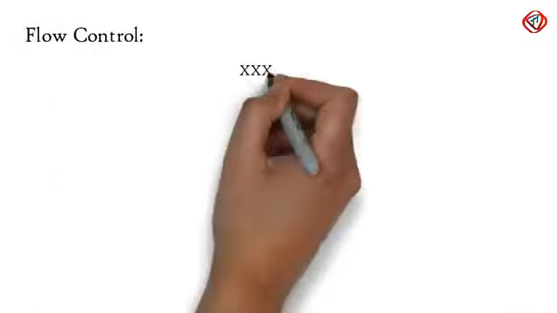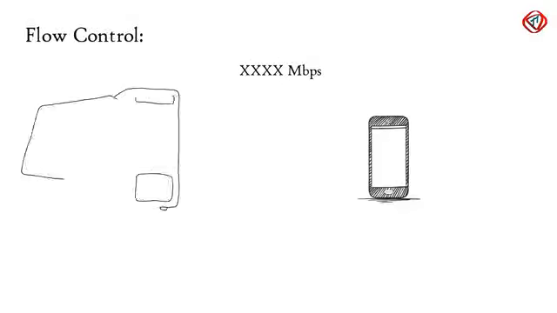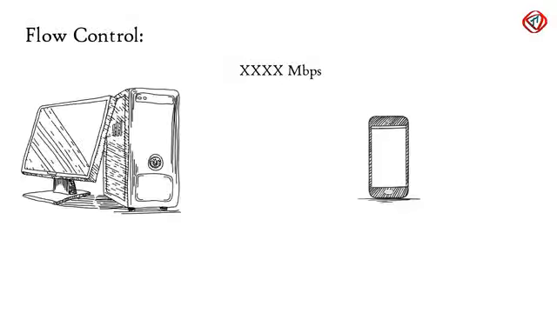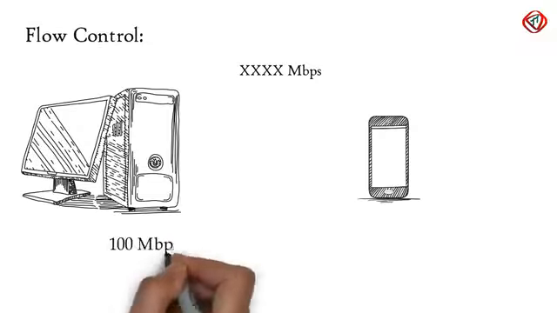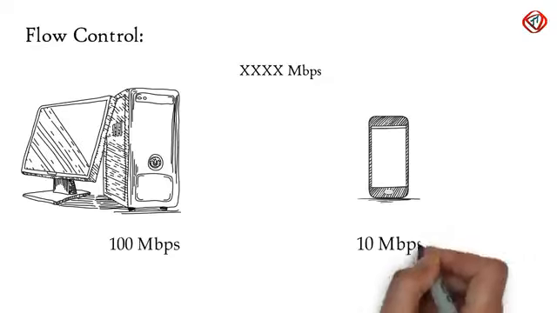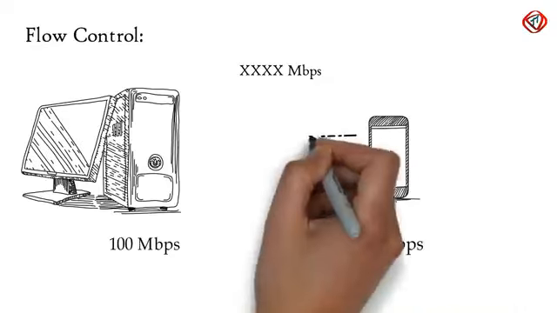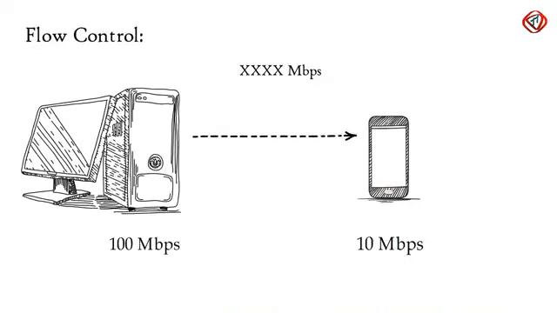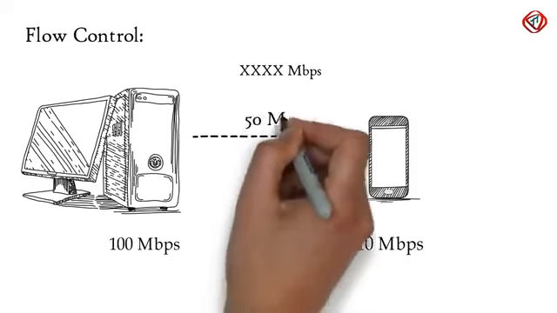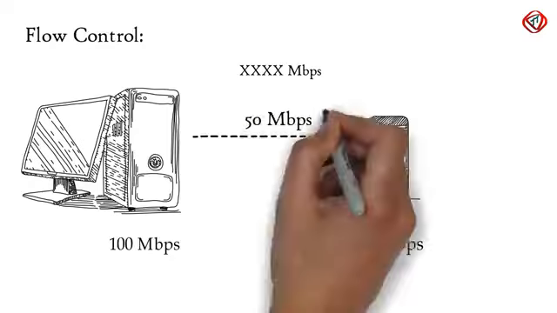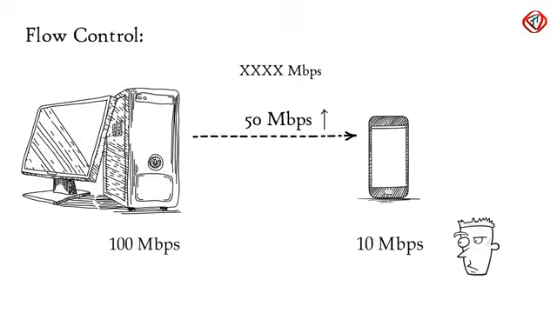In flow control, transport layer controls the amount of data being transmitted. Consider our mobile is connected to a server. Suppose the server can transmit data at maximum 100 Mbps and our mobile can process data at maximum 10 Mbps. Now we are downloading a file from the server, but the server starts sending data at 50 Mbps, which is greater than the rate our mobile can process.